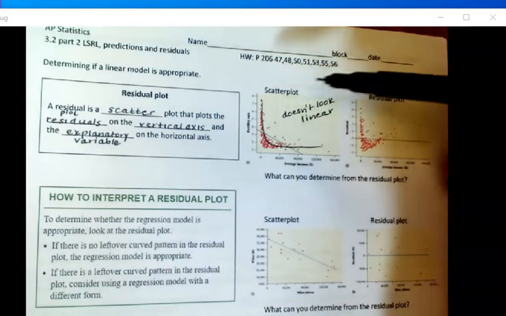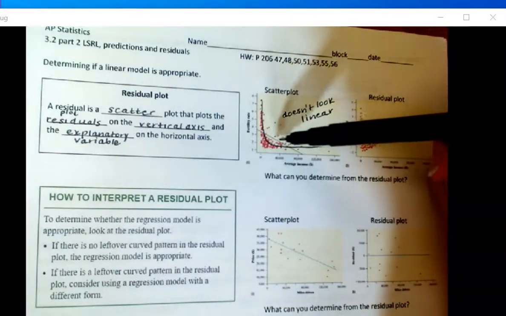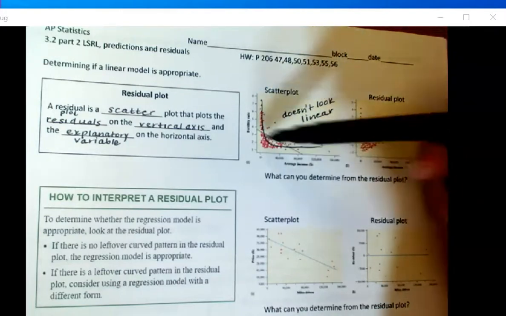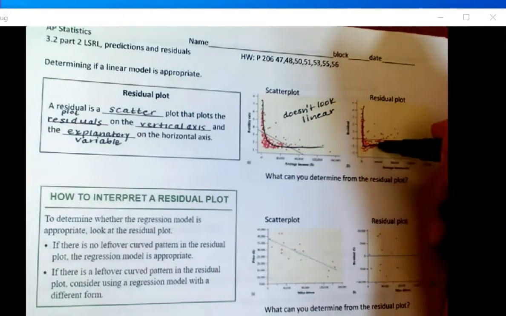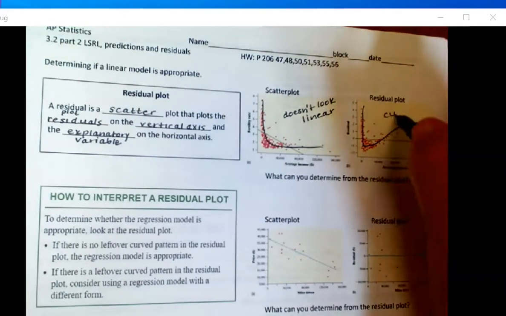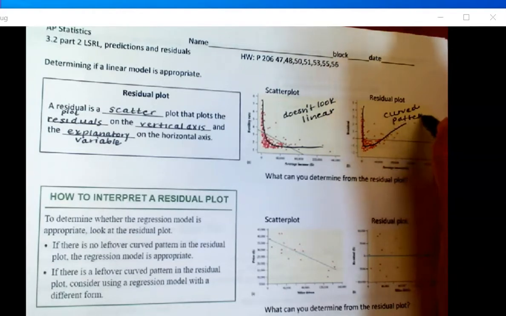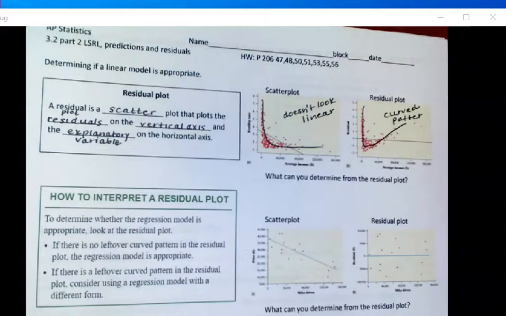So if this is your line of best fit, it's not a very good explanation of this data. In the residual plot for that information, you're seeing a curved pattern. Anytime you see a curved pattern in the residual plot, that means a linear form is really not the best fit.